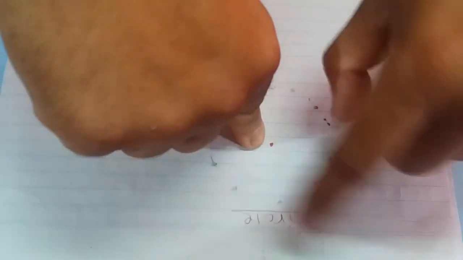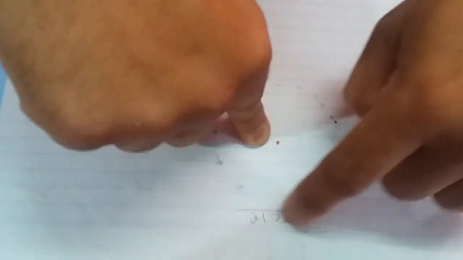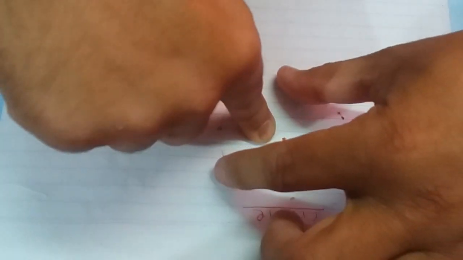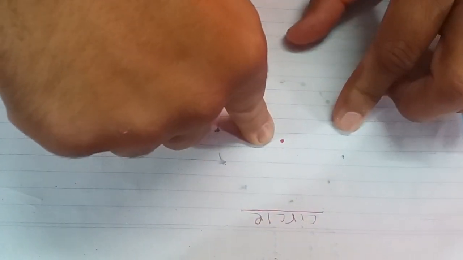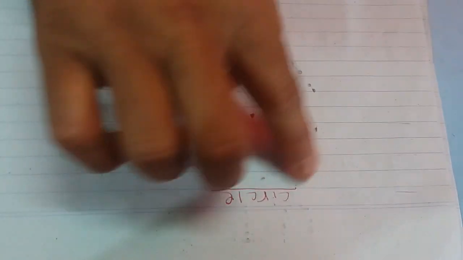So what locus does this moving point form? This is called a circle. One thing, don't be confused: this whole region inside the curved line is the circle.